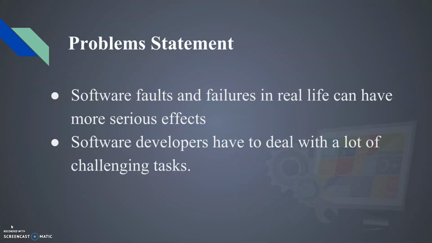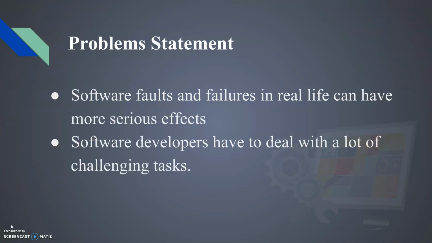Next, about the problem statement, the first one is software faults and failures in real life can have more serious effects than the ones that IT students find during their study. For example, for a business that keeps things up and running using a software system, a system failure or fault can interrupt the business process and cause financial loss.